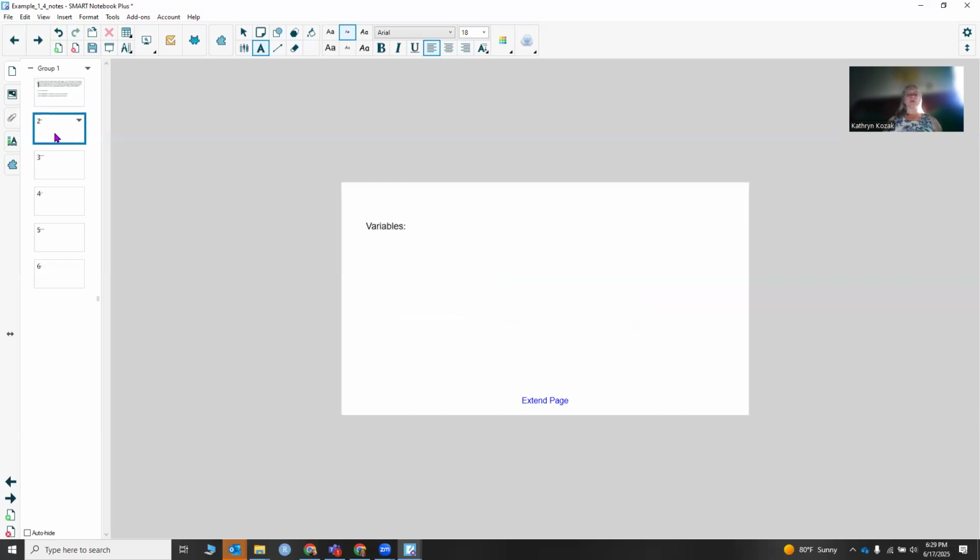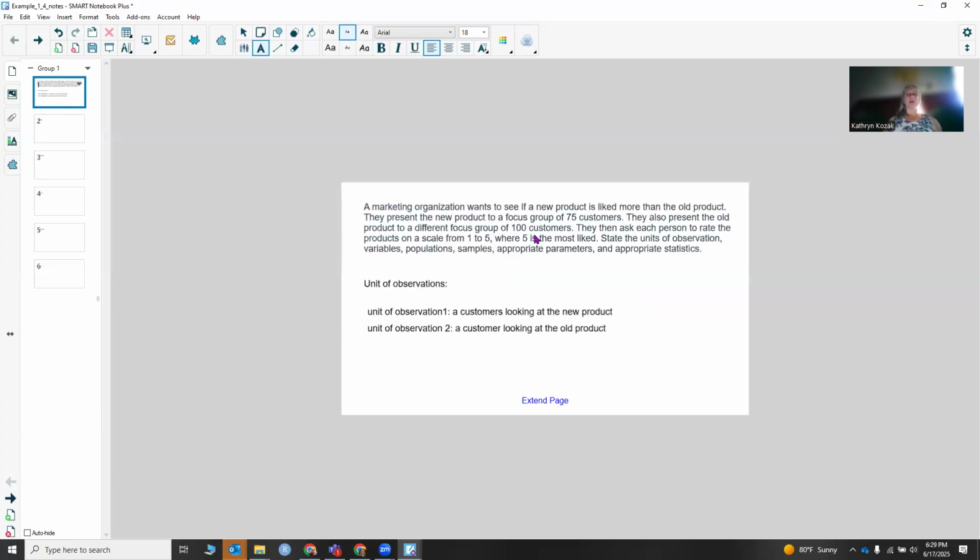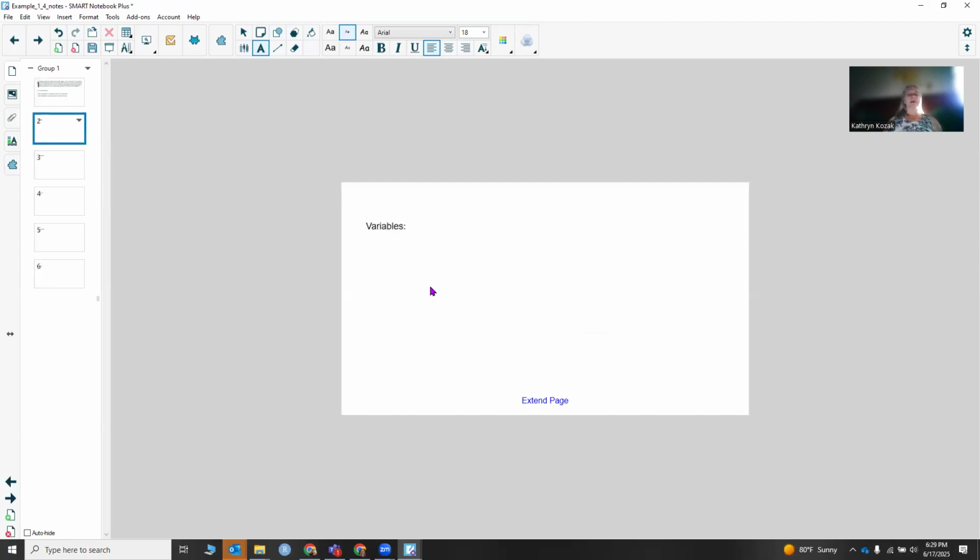Now let's get to what is the variable. It looks like what I'm looking at here is a rating on a scale from 1 to 5. So my variable, and again, I'm going to consider there being two, my variable 1 is a rating of preference for the new product.